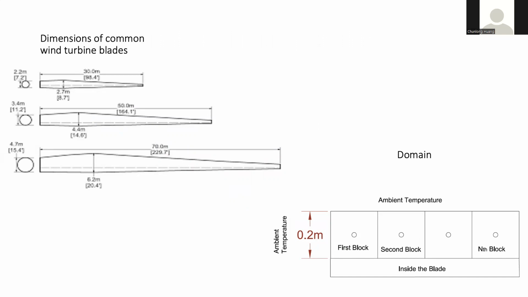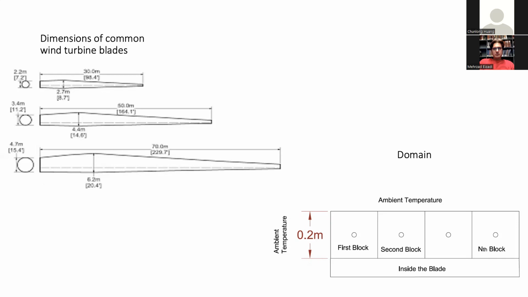If we compare the actual size of the blade and its cross sections, that would be up to 5 meters, compared with our domain that we picked at 20 centimeters. So our assumption that every domain is a rectangle is sufficiently accurate.